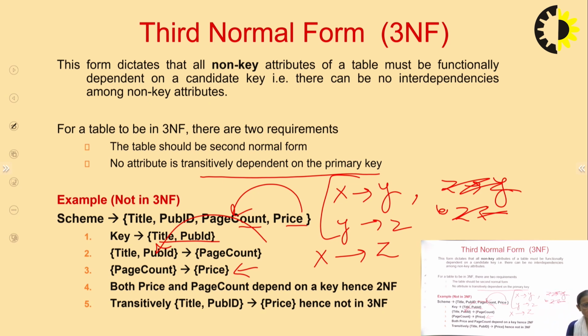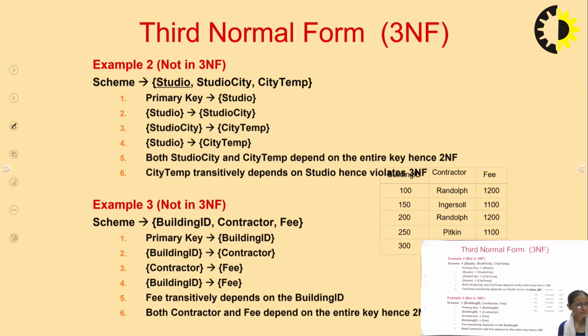We can derive this from this, and this is my transitivity. So if I look at this, there is a transitivity, that is my price is dependent on title and publication ID, therefore it is not in 3NF form.